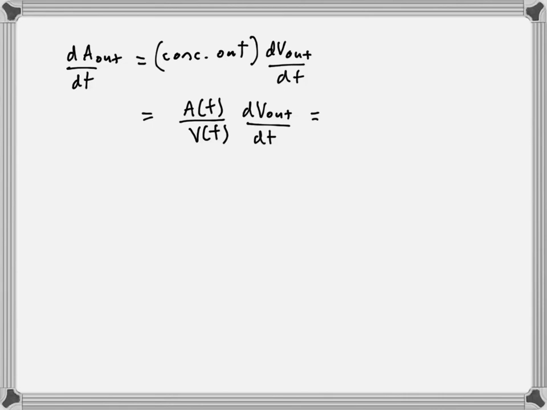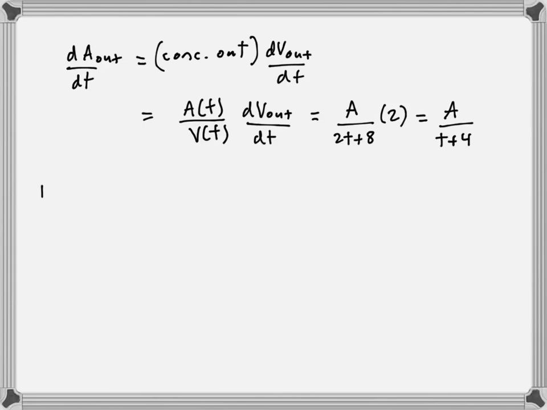So what is this equal to? Well, we don't know A, that's what we're looking for, so we need to leave that variable in here, A. What is V of t? Well, we found that earlier, right? V of t is 2t plus 8, so it's going to be A over 2t plus 8. And then what's the dV out over dt? Remember, that was 2. And so this is going to equal A over t plus 4. I just cancel the 2 with the 2 on the bottom.